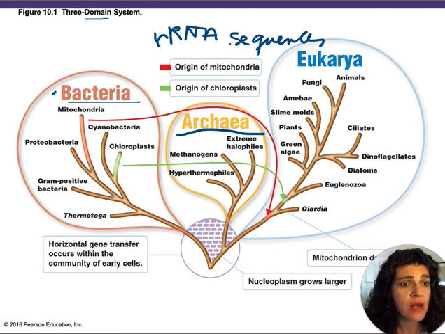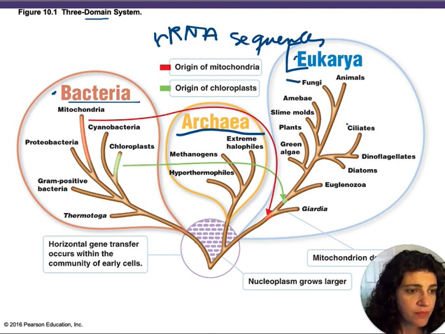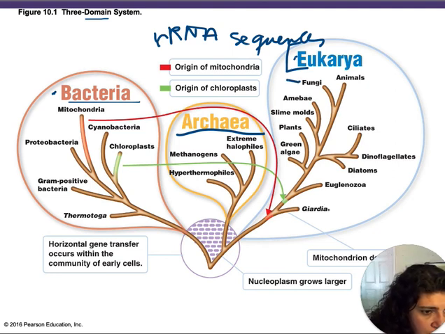So the rRNA sequences in bacteria are different than the rRNA sequences in archaea. That's why these domains are separate. And that's why you have a whole domain just for the archaea, while the eukarya, which are fungi, all the protozoa, all the helminths, plants, are all divided here.